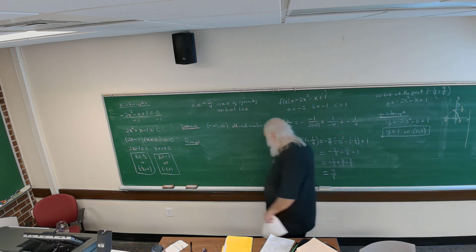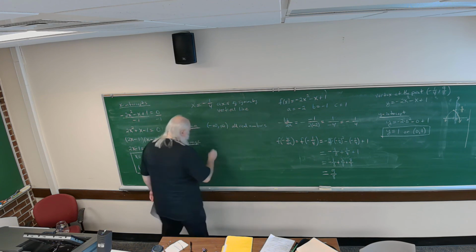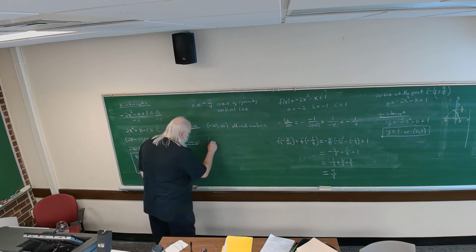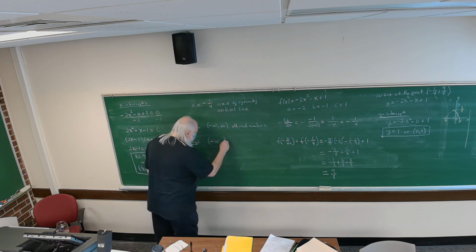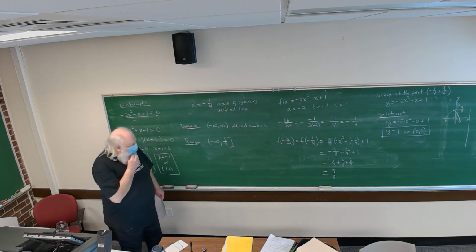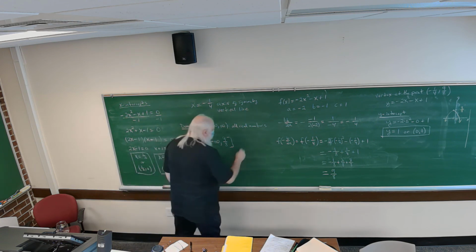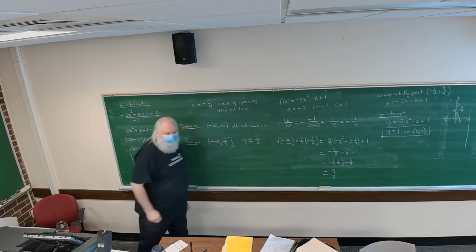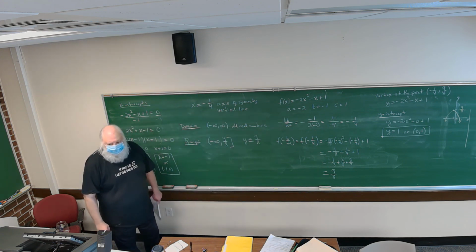Remember, you write these things from smallest to largest. So the range is from minus infinity to 9/8. The y coordinates all have a value less than or equal to 9/8 at the vertex.